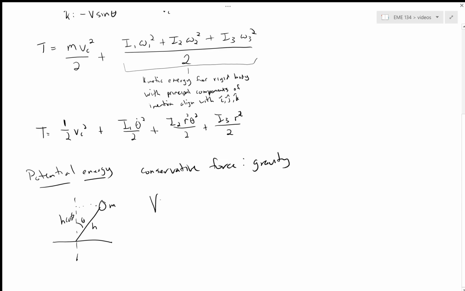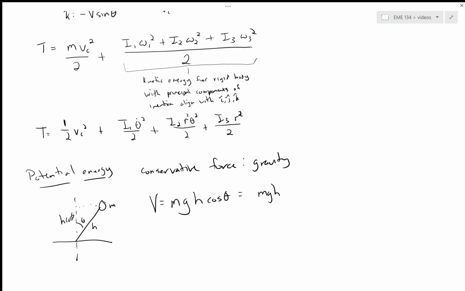So V is simply going to be the mass times gravity times, pardon me, height above the ground. And we can simplify that as mgh for small angles also.